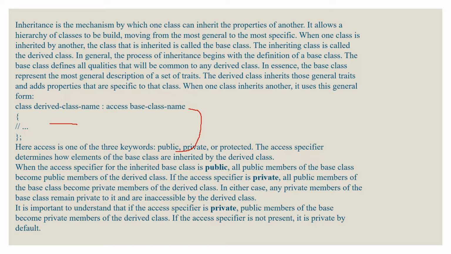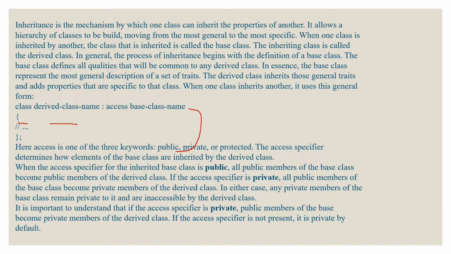So the new class which we are making is also known as the subclass or derived class. First we will write the keyword class, as we used to do earlier also, and then the new class name, that is the subclass or derived class or child class. These all three names are given to the same new class.